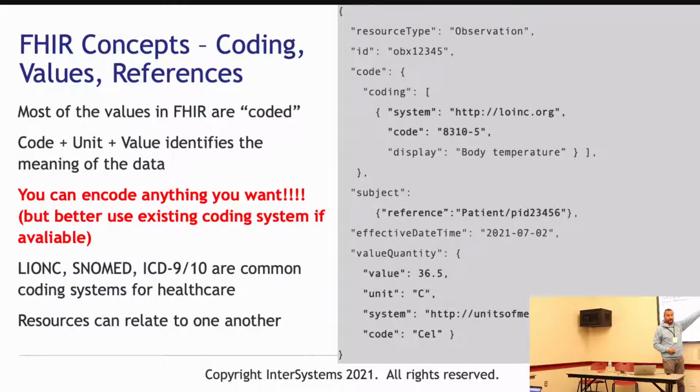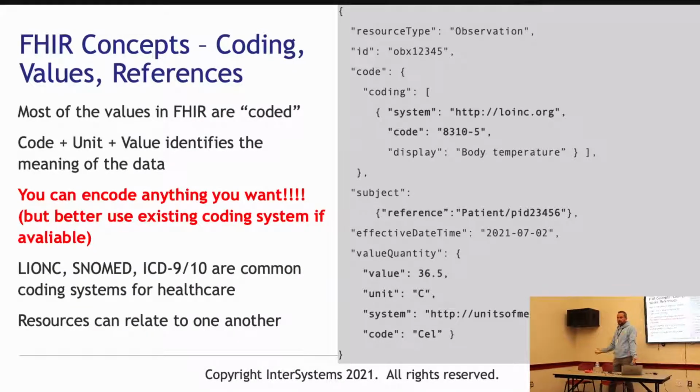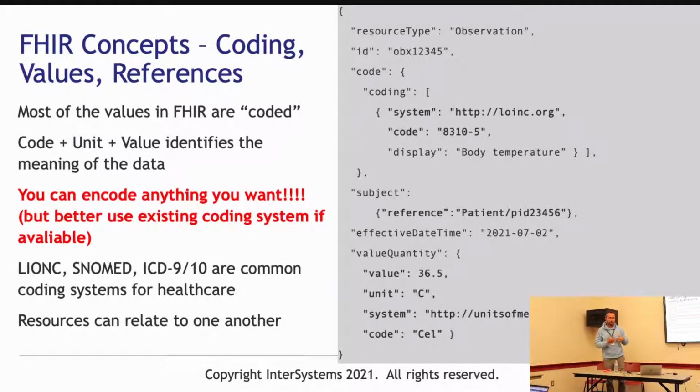If there's nothing in LOINC, nothing in SNOMED, nothing in the standard stops you from creating your own standard and saying, I'm calling, I don't know, this entity this number. All you need to do is publish it somewhere so other people have access to interpret this coding system.